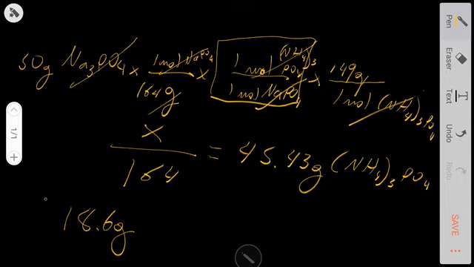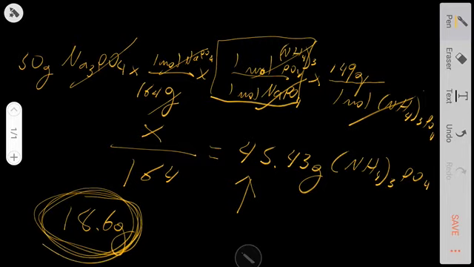So if with 30 grams I can make only 18.6 grams of ammonium phosphate, but with 50 grams of sodium phosphate I can make this much, clearly I can now answer A for what is limiting me, what's holding me back, what's going to be the lower number. It's this.